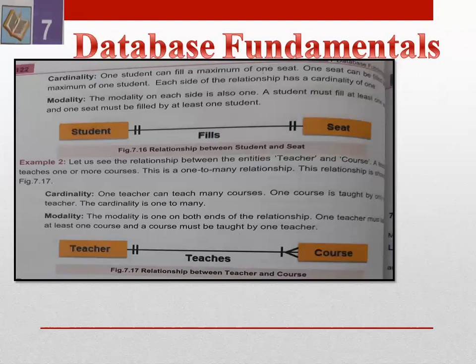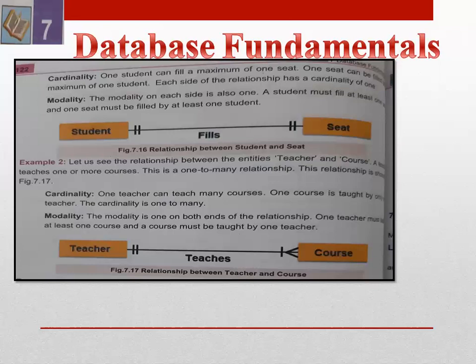And the modality on each side is also 1. A student must fill at least one seat, and one seat must be filled by at least one student. So here we have 1 by 1 cardinality and 1 by 1 modality.